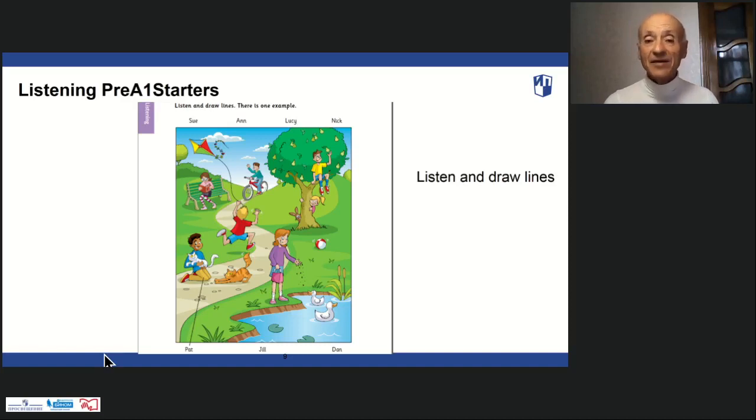Listen and draw lines, and here you have to draw lines between the object and the kid that is doing something with this object, like flying a kite or playing with a ball or reading a book. Whatever you listen, you draw lines correctly.